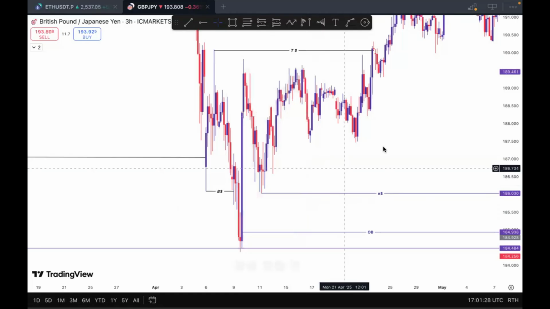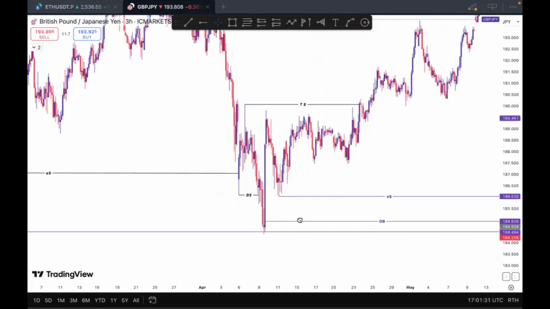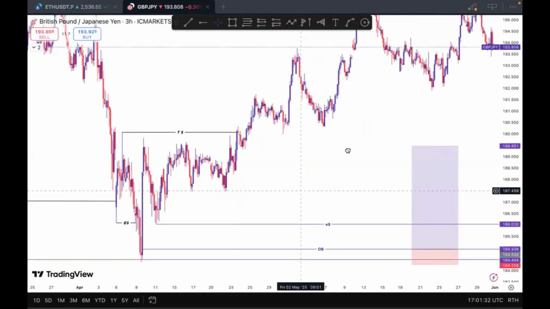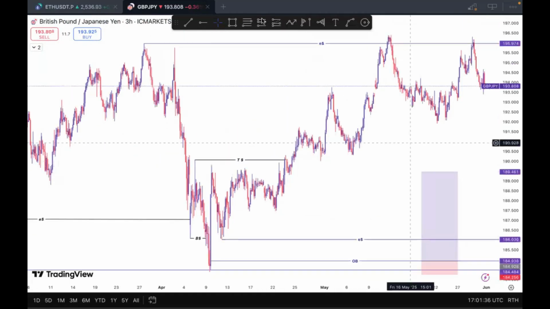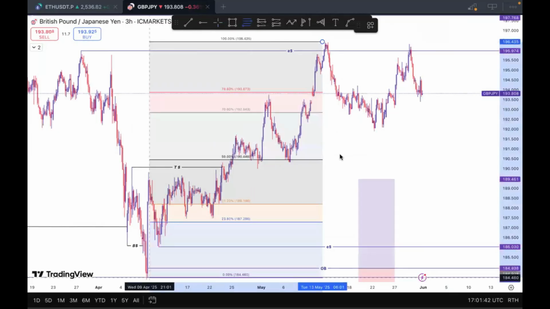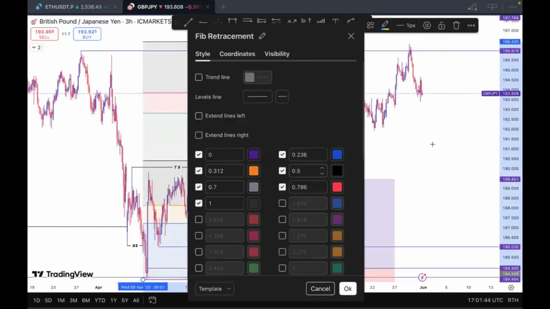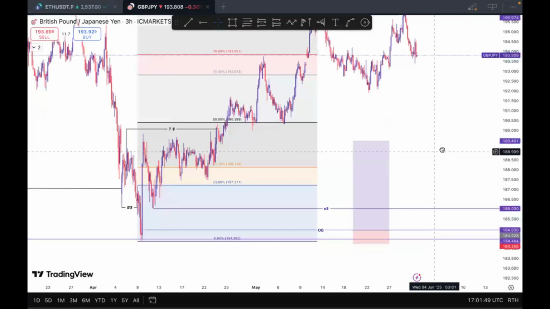So if I say I want to buy on this, look at this trend. I'm going to place my Fibonacci retracement tool on this. Can you see this? That's what I'm going to do. That's all I need.